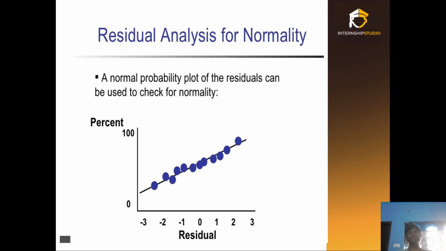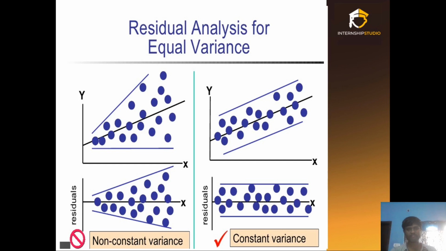And now a normal probability plot of the residuals can be used to check for normality. Once you have plotted this, you have plotted the residual with respect to the percentage, right? We can see the residual analysis for equal variance. If the residuals look like this, then it signifies that there's a constant variance between the residuals.